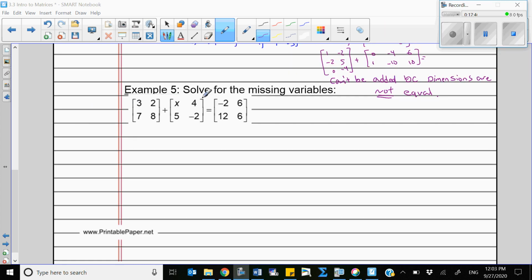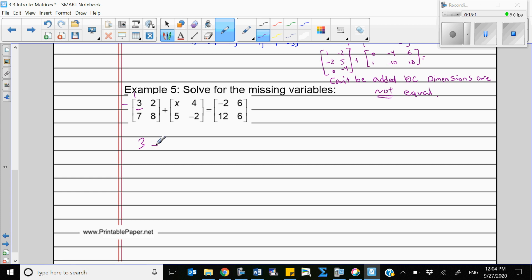Example number 5 is asking us to solve for the missing variable. So we are adding two matrices here, and we have the answer. We want to find what is this missing variable here. We know that if we want to add two matrices, we need to add the corresponding entries. Like the first one, which is 3, should be added by x, because they both are located at row 1 and column 1.